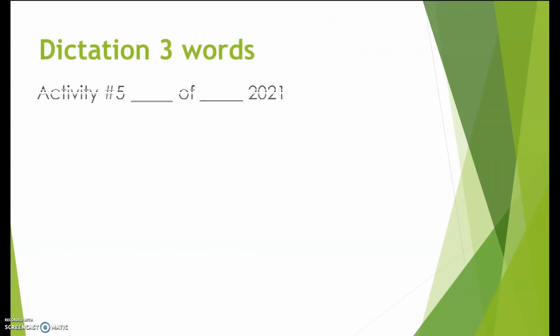Very good. Okay, now let's do our dictation of 3 words. Please bring out one piece of paper or your notebook and write activity number, the date, the month, and the year. Now let's begin. Number 1, spell the word conifer.